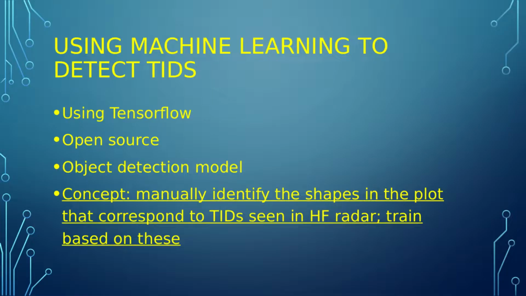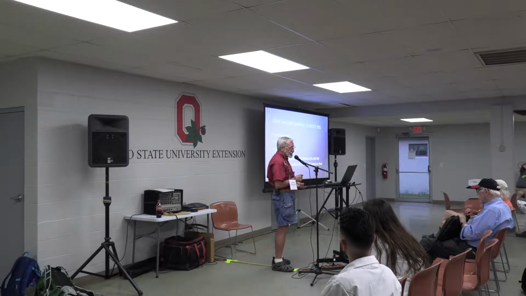So I'm using a software package called TensorFlow. This was originally developed by Google. It's now gone to an open source model. Anybody can get it. It's free. There's a learning curve in learning how to use it, and training something is labor intensive. But once you've got it trained, you can use it to identify things in images very quickly.